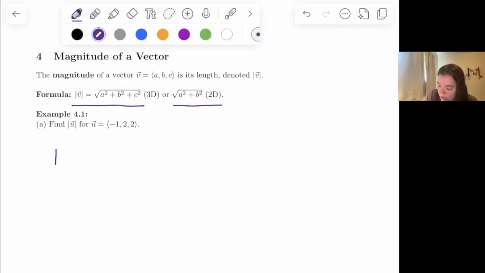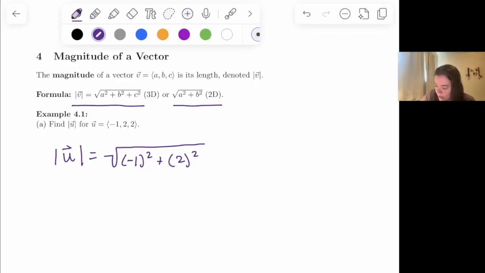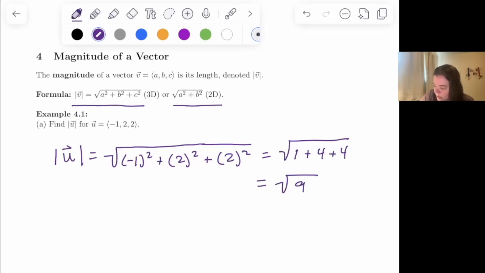So the magnitude of vector u can be found by taking the square root of the x component squared plus the y component squared plus the z component squared. Clean this up, gives me 1 plus 4 plus 4. And this should come out to a nice number.